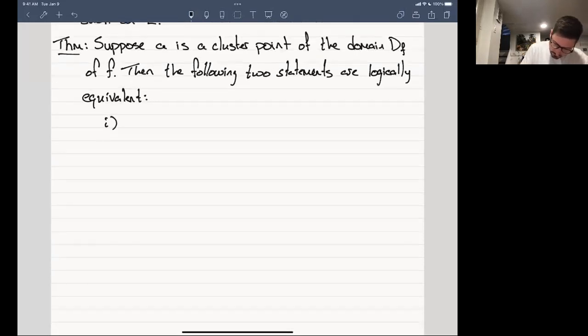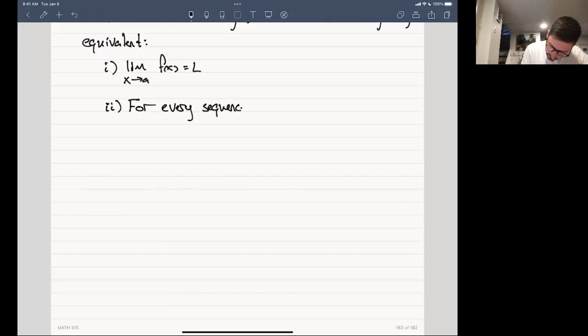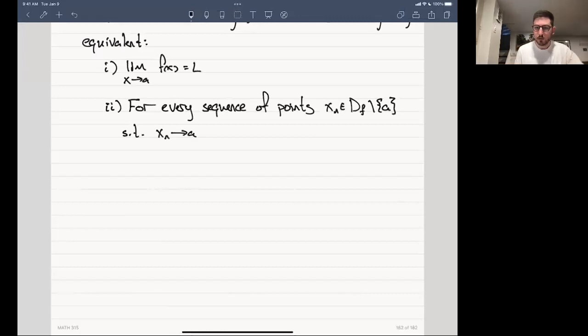So the first one: the limit as x goes to a of f of x is equal to L. And the second one is that for every sequence of points x_n, which belongs to the domain of f, but not the cluster point A, such that x_n is approaching A, we have the sequence f(x_n).